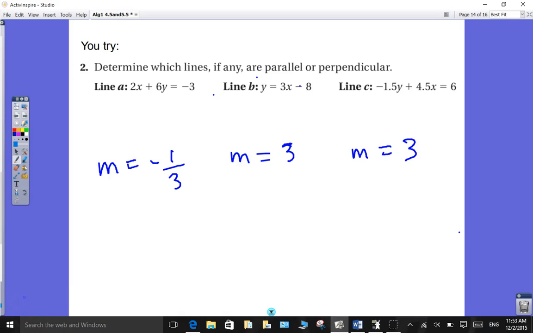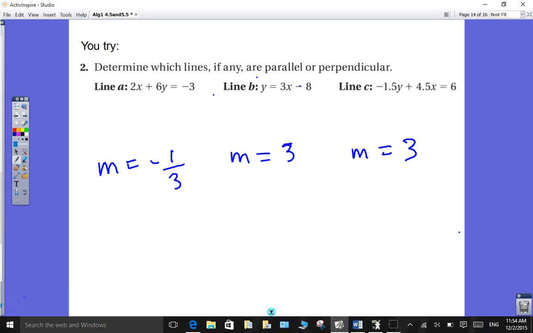Oh, for the first line? Right. The first one had a slope of negative 1/3. The second one is 3, because that's already in slope-intercept form. And maybe the last one is a little more difficult. So subtract 4.5x. Divide by negative 1.5. So what's negative 4.5 divided by negative 1.5? It's 3, right?